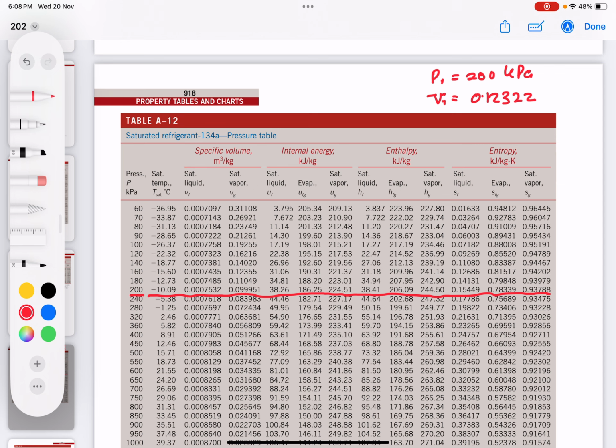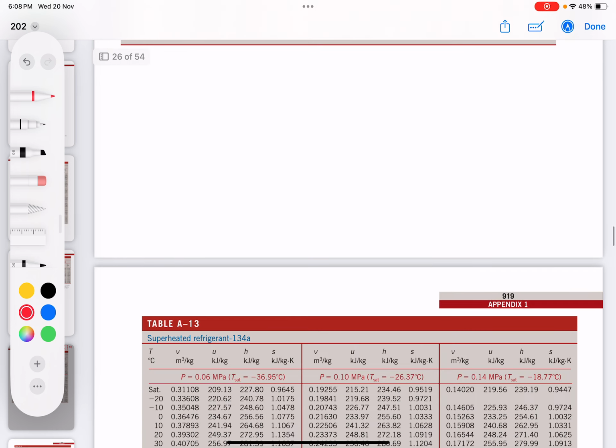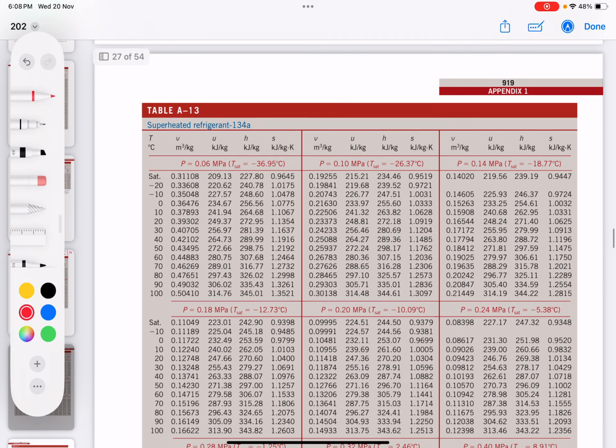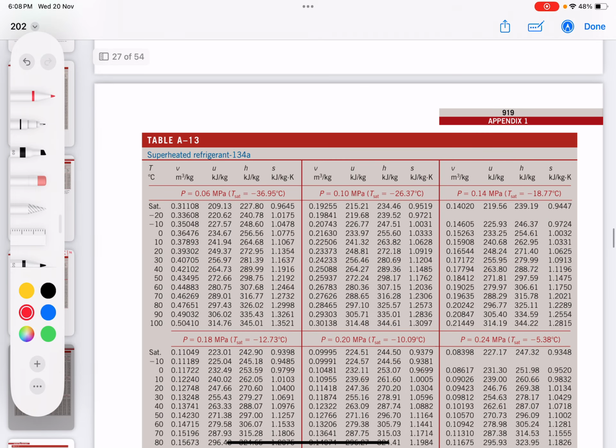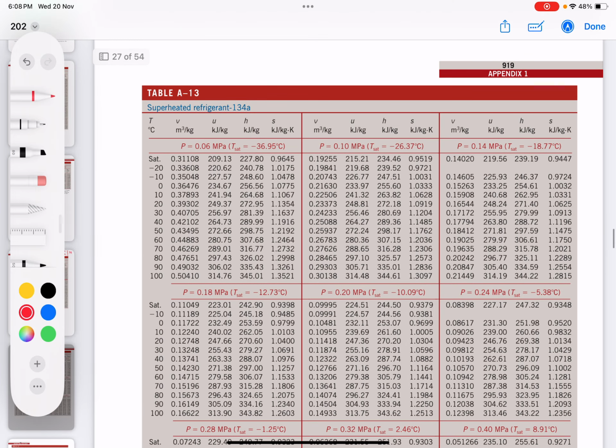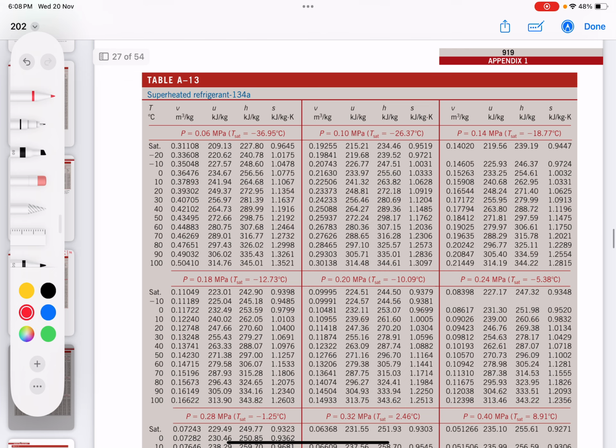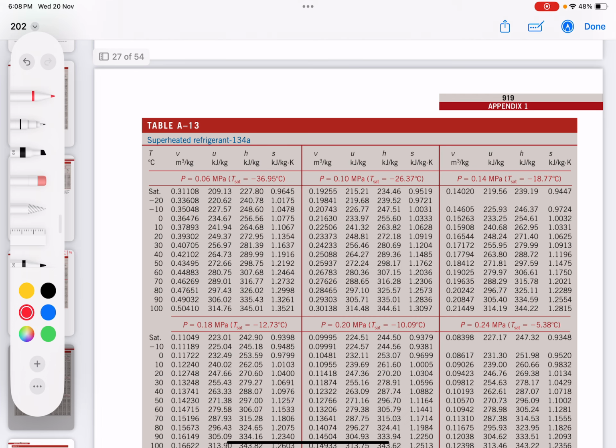Therefore, most probably my state 1 is superheated, because my V1 is way bigger than my vg for 200 kilopascal. So I have to use the superheated table, because my state 1 is most probably located in the superheated region. My pressure is equal to 200 kilopascal.